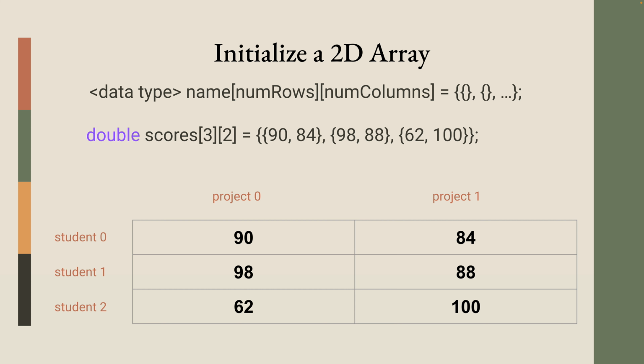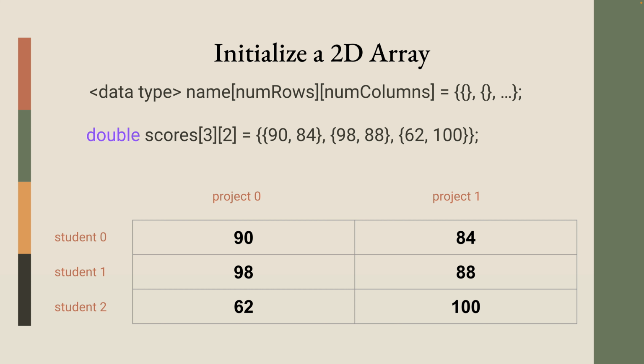And if we're thinking about it not in terms of numbers, but in terms of students, you could think of this 90 and 84 as the project grades for the 0th student. 98 and 88 are the project grades for the first student. 62 and 100 are the project grades for the second student.